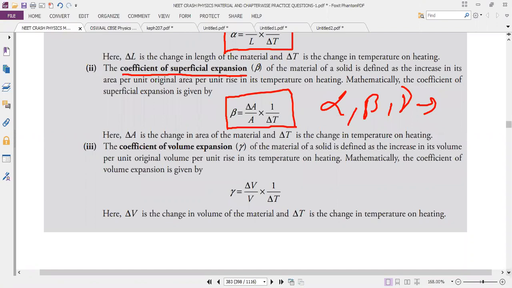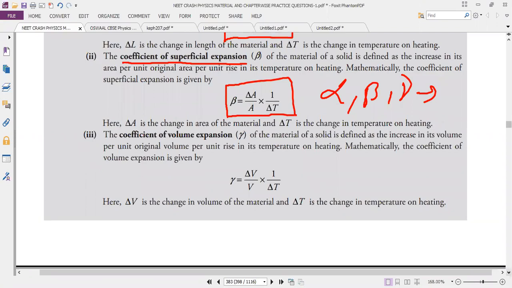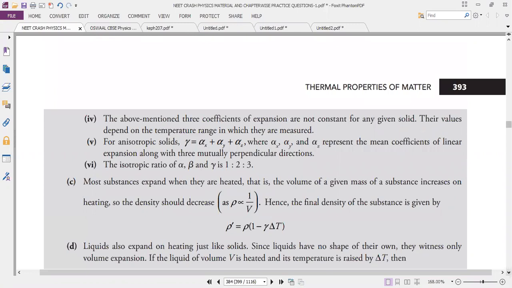Gamma equal to del V by V into 1 by del T. The relation 1 is to 2 is to 3, the ratio of alpha, beta, gamma.